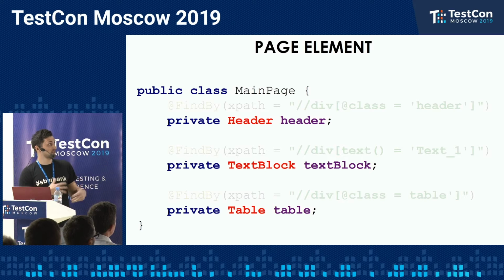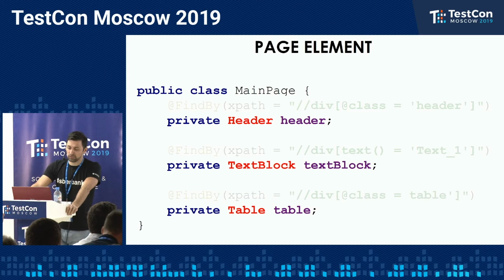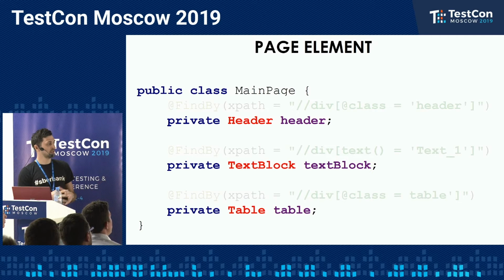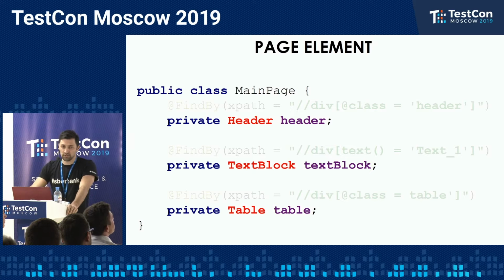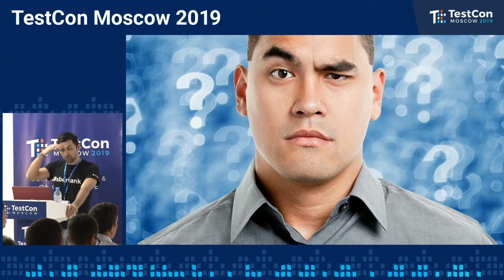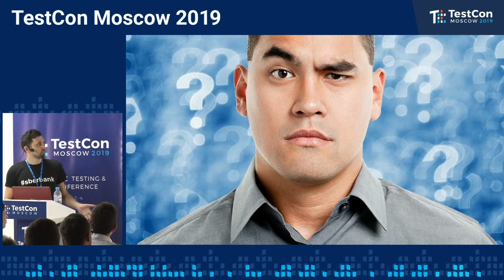Using this method, you can add on your page some layers, table, header, footer, some blocks, and add specific methods to these layers to work with the components. For example, you can add a last input to your table method. So you create wrappers for the elements on your web page.